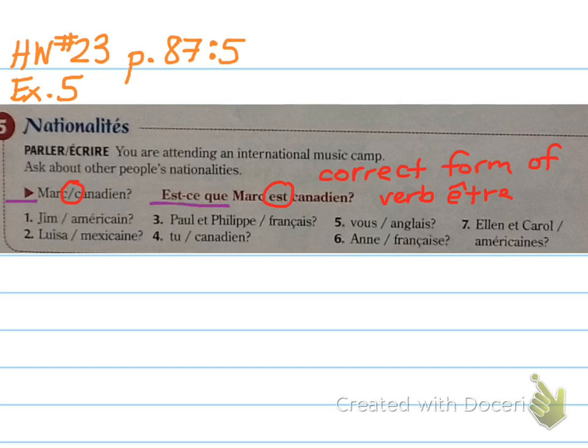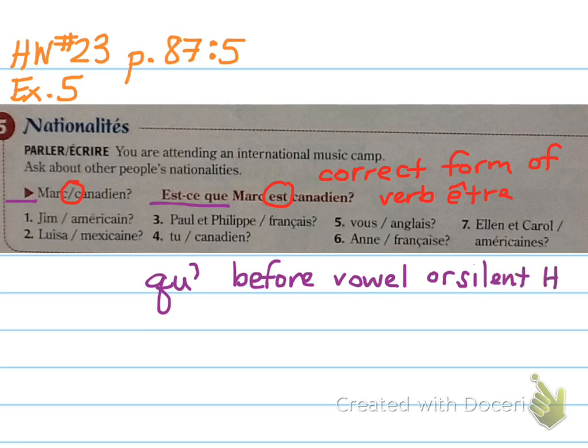Be careful with the est-ce que. Remember, it's going to become qu' apostrophe before a vowel or a silent H. So you're going to type up those questions. So number 1 would be, est-ce que Jim est américain?